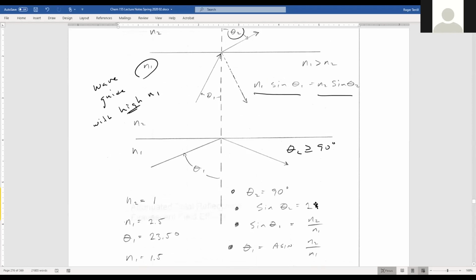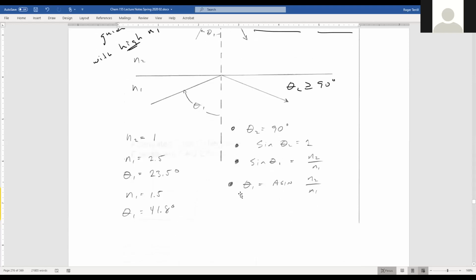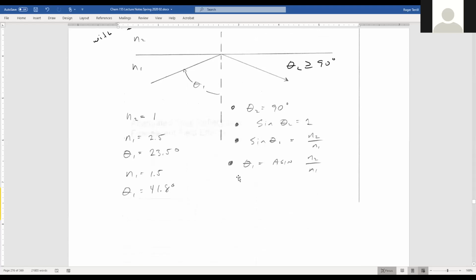And then its sine value will be 1, and then theta 1 will be equal to the arc sine of those ratios. It doesn't really matter here what the exact value is for our purposes.